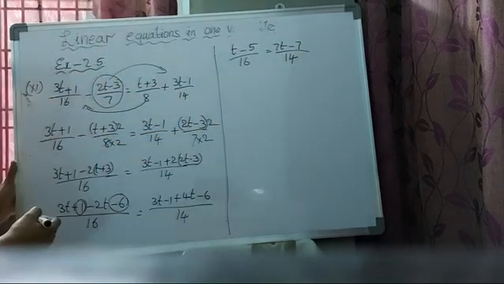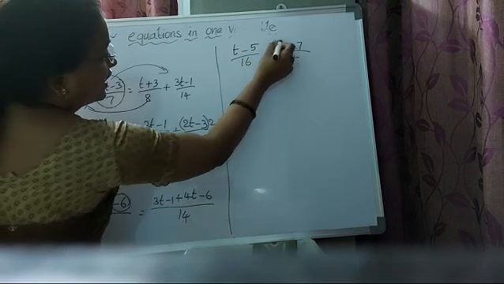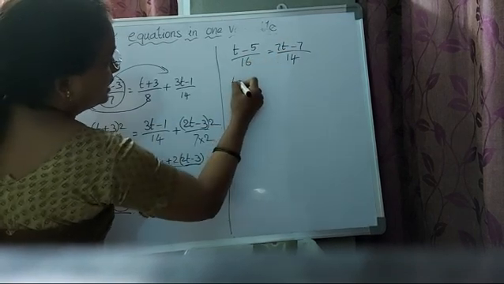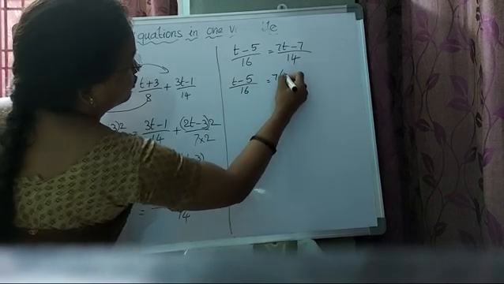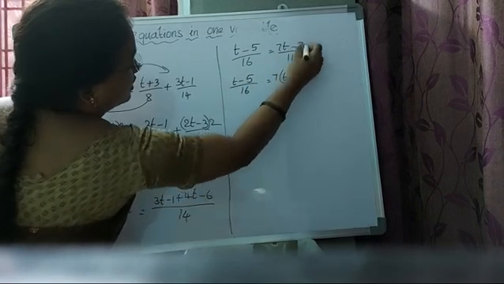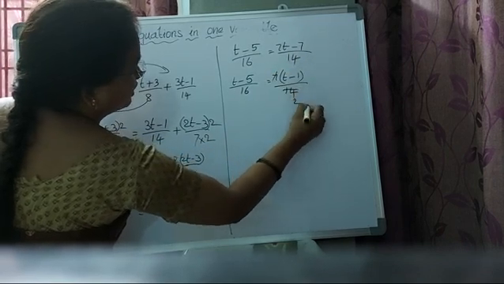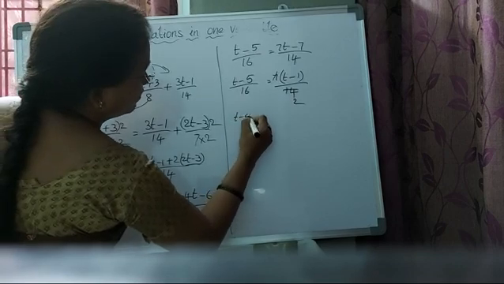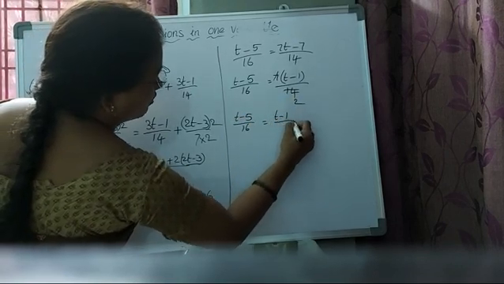Okay. See here, cross multiply. You can take 7 as common, no? T minus 5 by 16 is equal to 7, you take common t. Here 1 by 14. 7 ones, 7 twos. Now (t minus 5) by 16 is equal to (t minus 1) by 2.